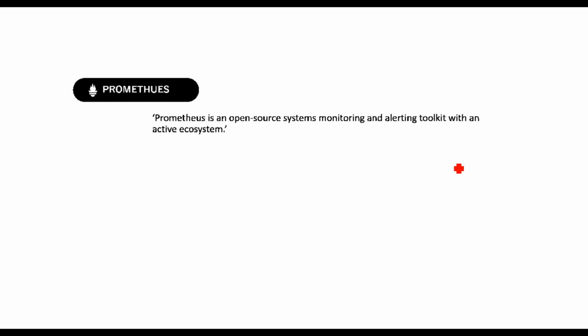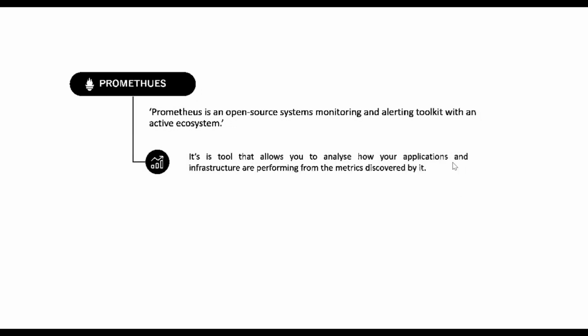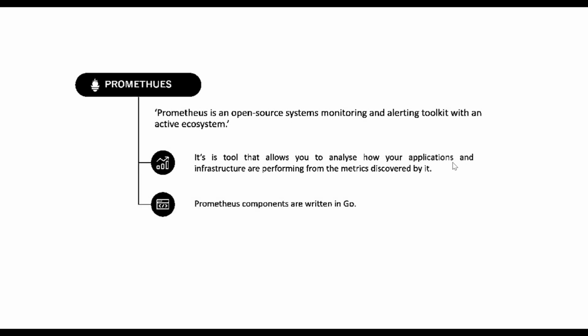Prometheus is an open source system monitoring and alerting toolkit with an active ecosystem. It is a tool that allows you to analyze how your applications and infrastructure are performing from the metrics discovered by it. Prometheus components are written in the Go language.